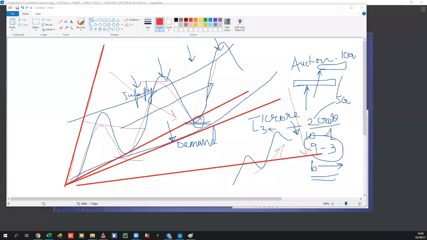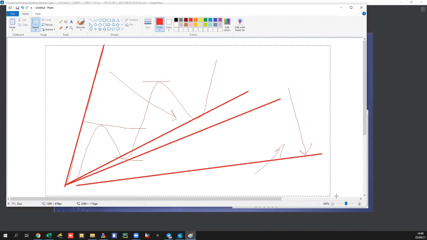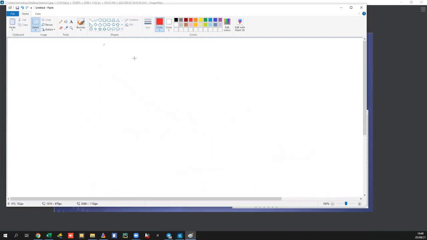So they'll jump in and buy. And this is the basic concept of auction theory, right? So this is what the concept is.